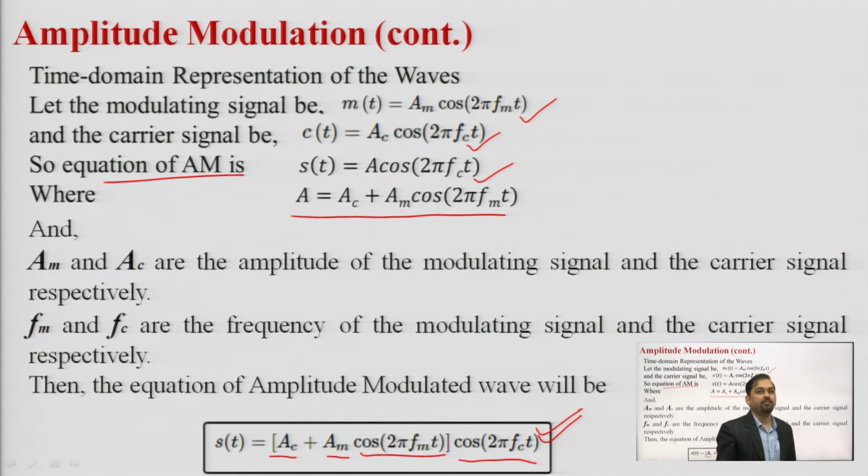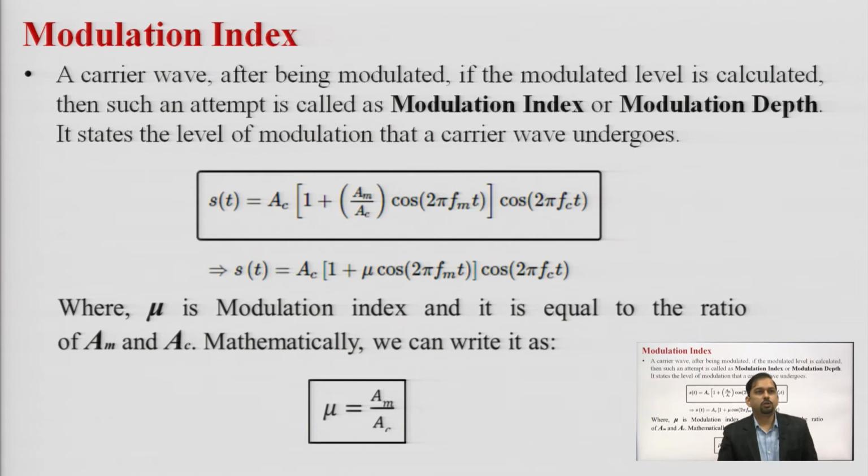This is a small derivation of how we can derive the equation of AM signals. Now, we will utilize this equation to calculate a very important factor called the modulation index.